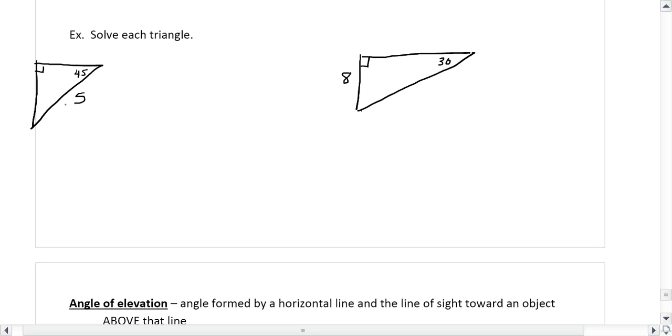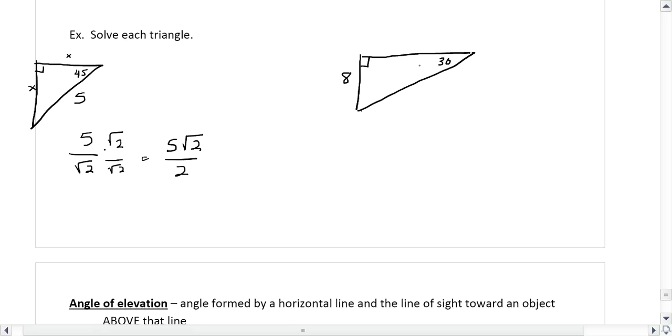Or, if you remember the special cases, if you know that the leg times the square root of 2 gives you the hypotenuse, and we go backwards, we take the hypotenuse and divide by the square root 2 to find the leg, then all you have to do is rationalize the denominator. And we have found that 5 square root 2 over 2 is this leg and this leg. And we have solved the triangle.